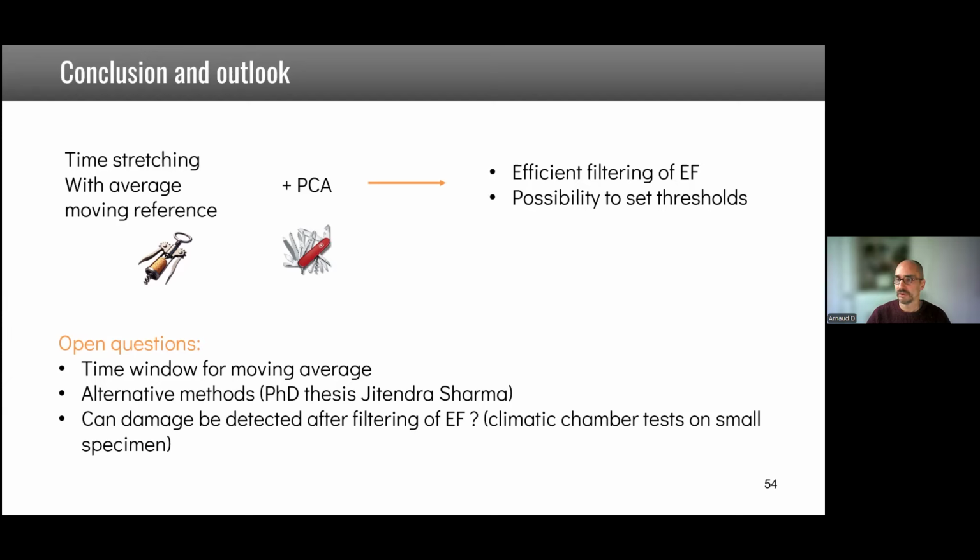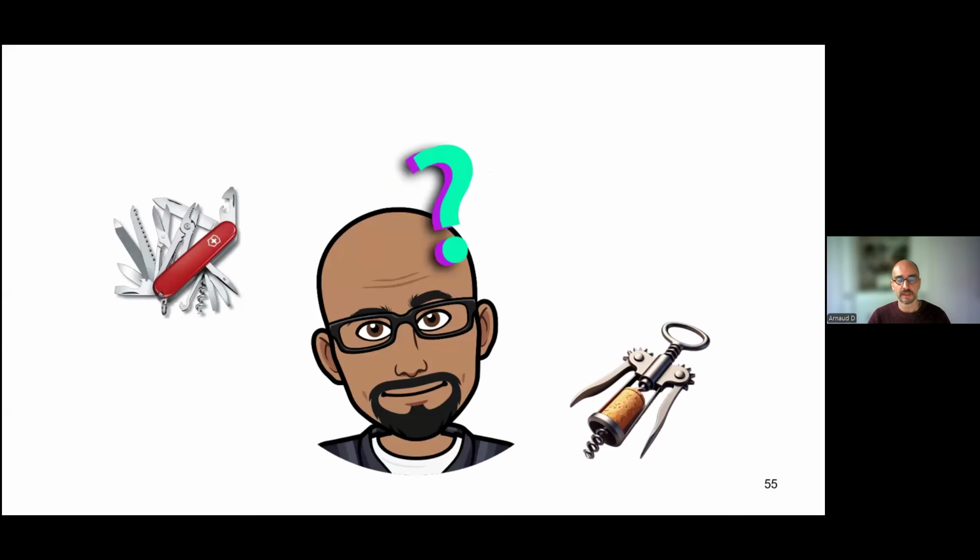So this is also the goal in Jitendra's thesis: to study first undamaged specimens, define these new alternative methods to do the filtering, but then put a specimen in mechanical loading machines to induce damage, and then check if those methods that Jitendra will develop with me in the thesis will still be able to detect the damage. Of course, it is very important that this is the case.